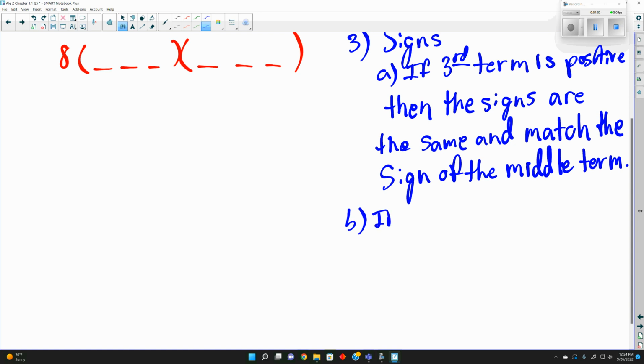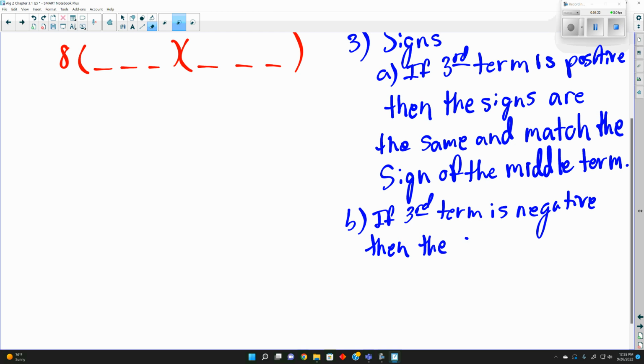The other case is if the third term is negative, the signs are opposite. So if the third term is positive, the signs are the same and match the sign of the middle term. If the third term is negative, the signs are opposite.